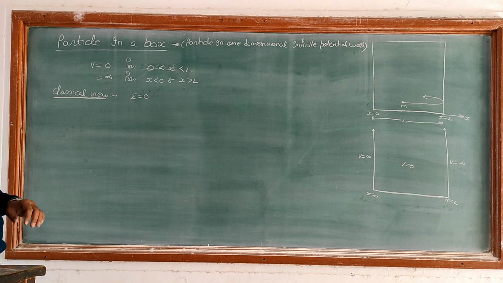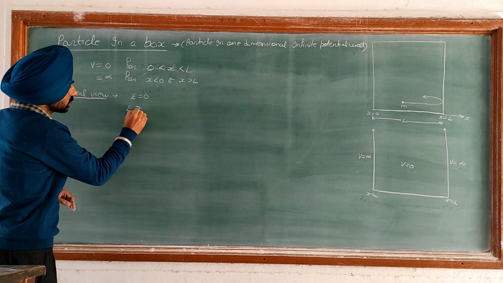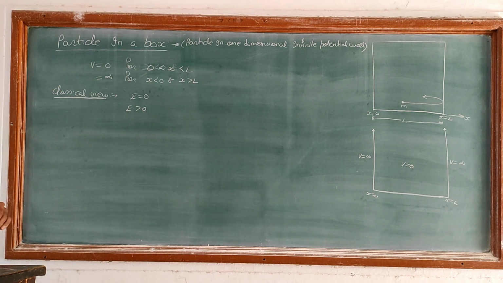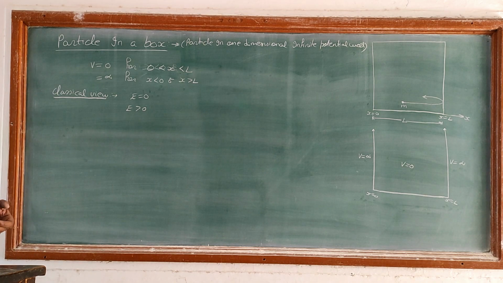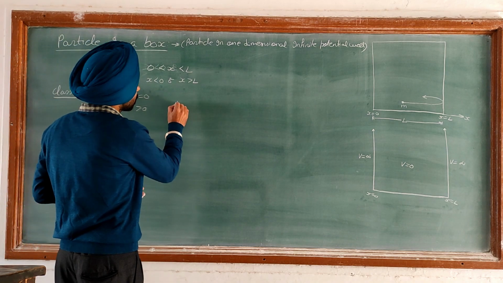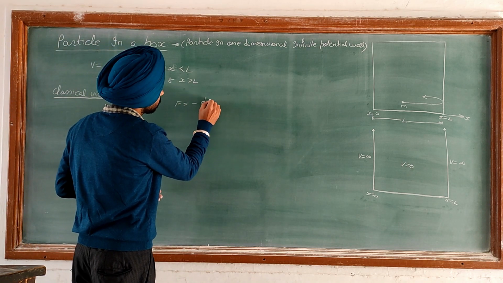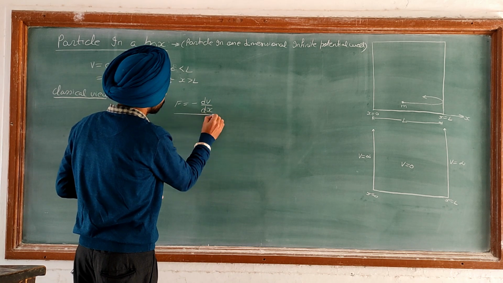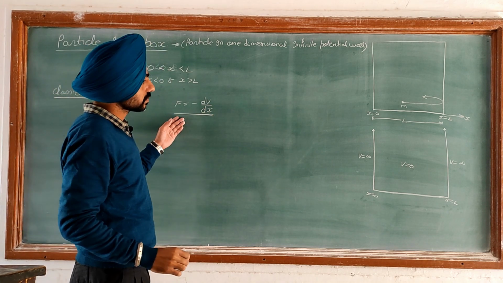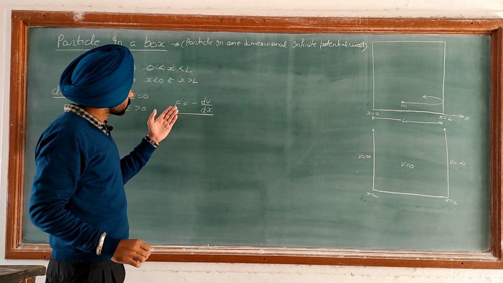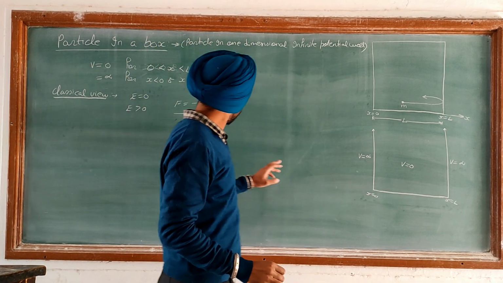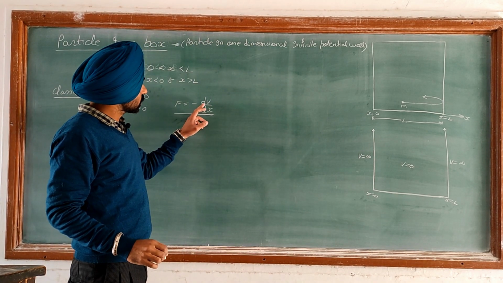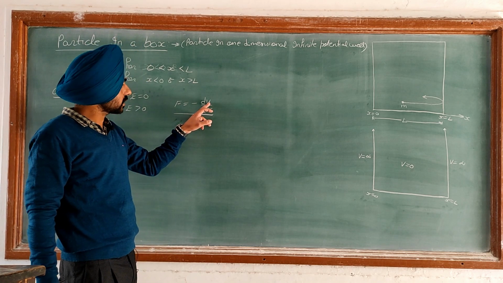And if E is greater than 0, that means the particle will move along the axis, x equal to 0 to x equal to L, and it will experience a force F is equal to minus dV upon dx. You know how we write F equal to minus dV upon dx from your first year classical mechanics class. So that means at the boundaries it will experience a force due to the gradient in potential.